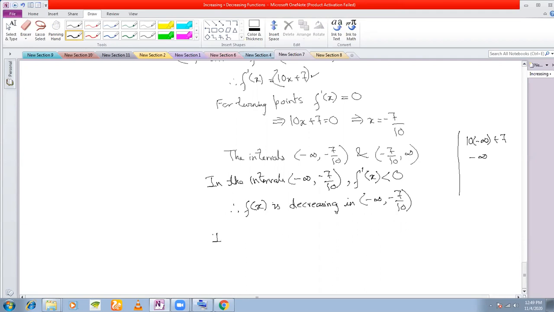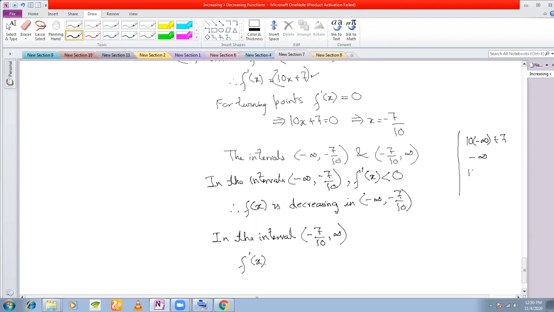Next we consider the next interval, minus 7 by 10 to infinity. What is f dash x? Consider any value between minus 7 by 10 and infinity, say any positive value.